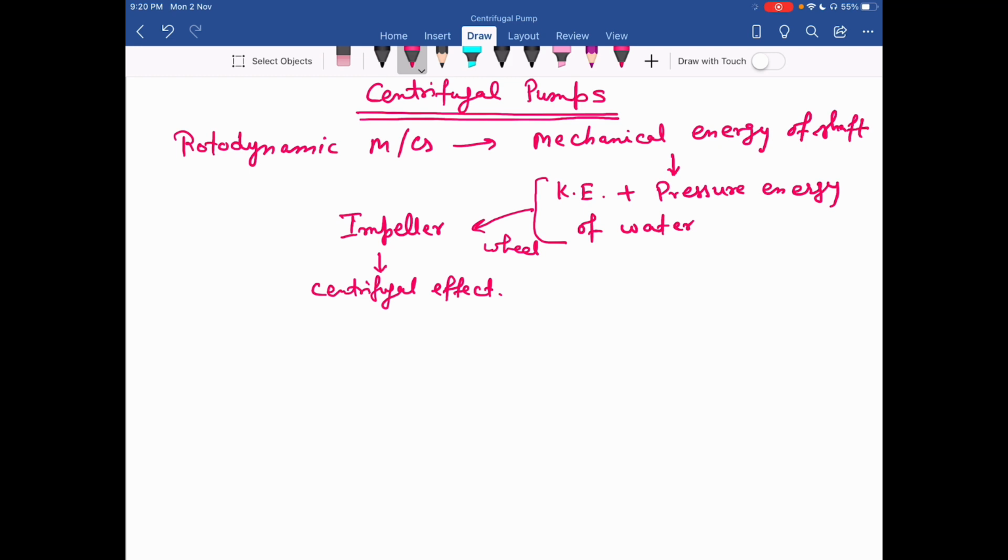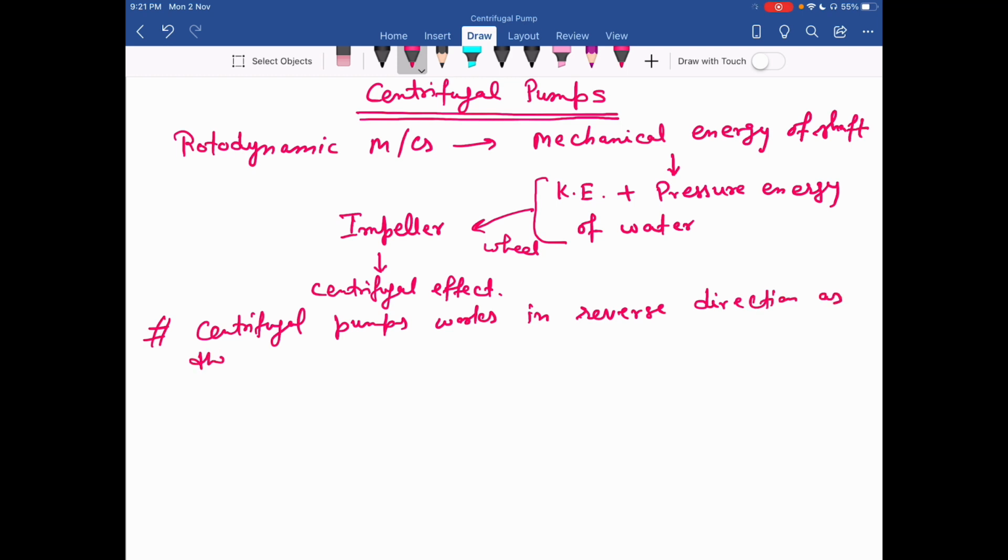So the major part over there for the energy is the pressure energy. So that is the main difference between the turbines and the pumps. So you can say centrifugal pumps work in reverse direction as that of reaction turbine.